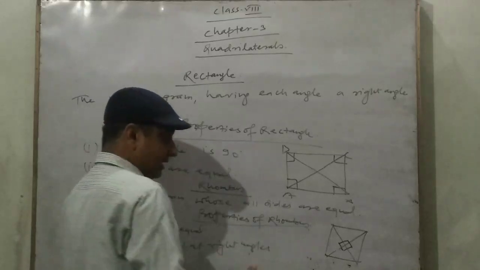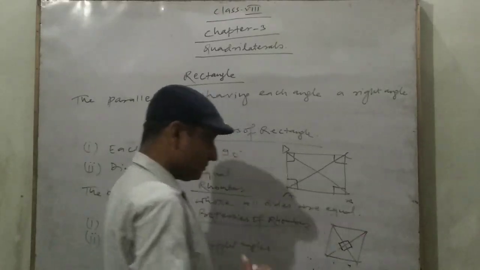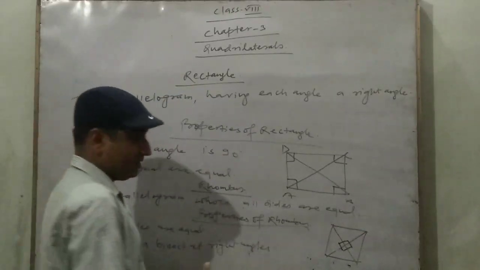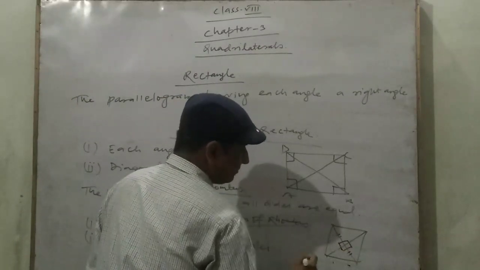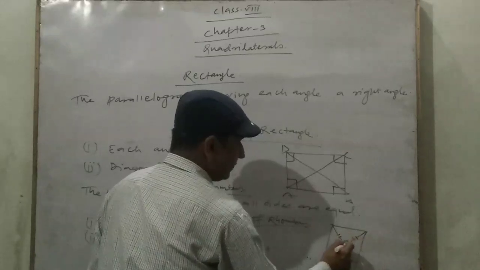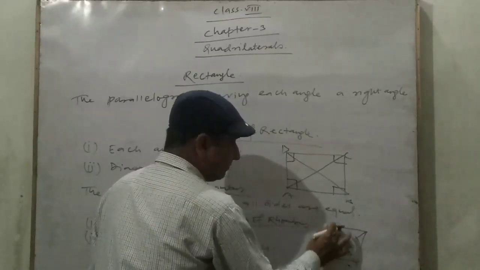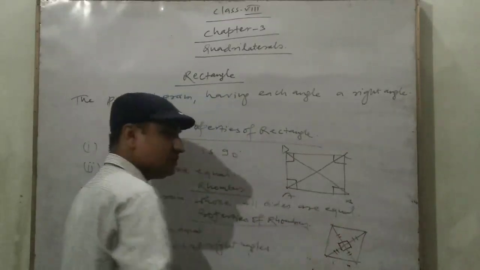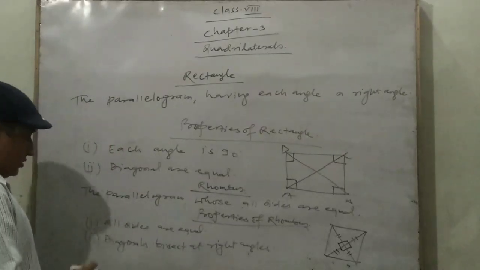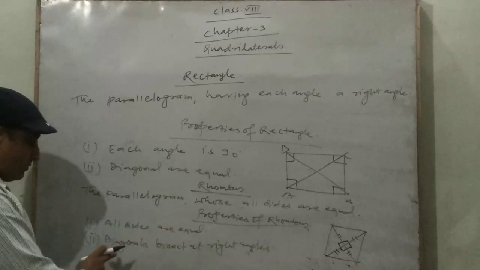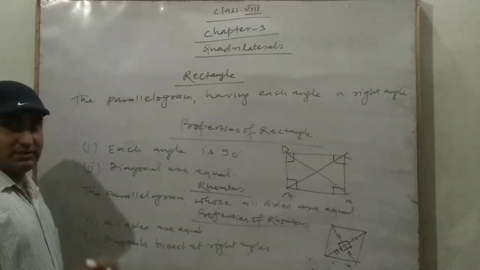The diagonals of a rhombus bisect at right angles. Bisect means this will be equal to this one, this will be equal to this one, and they bisect at right angles, meaning exactly at 90 degrees. So it has two properties: all sides are equal and diagonals bisect at right angles. Now let's see another.